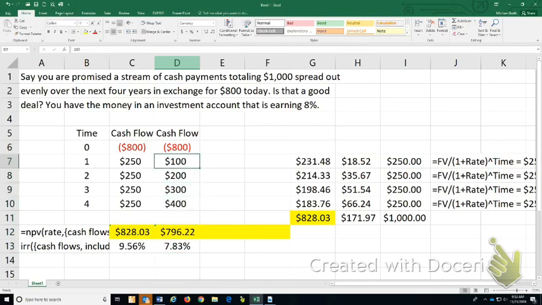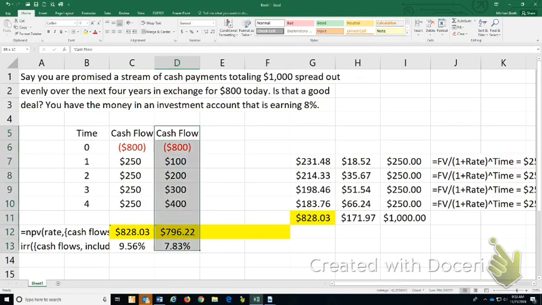If you only get back 100, then 200, then 300, then 400, that's not as good as getting 250, 250, 250, 250. All right, the equivalent amount of cash today, you'd have to pay $800 to receive something worth $828. And you'd be earning 9.56%. If they promised you 100, 200, 300, and 400, that's only worth $796. That's less than what you could earn by just leaving it in the bank.